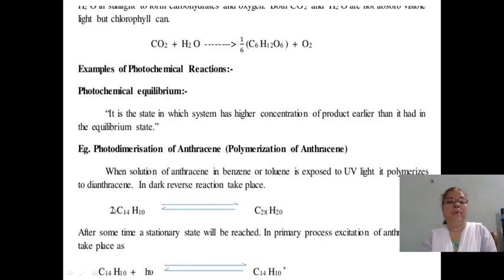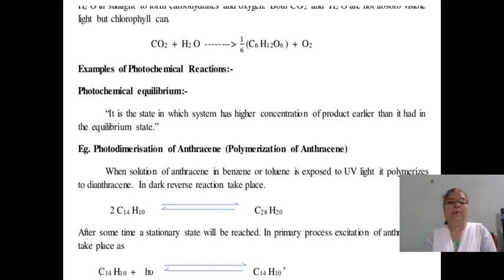That means when we take the solution of anthracene in either benzene or toluene, in the forward reaction the formation of dianthracene takes place and the equilibrium between the reactant and product is disturbed, and as the concentration of product increases, the rate of reverse reaction also increases, and then the equilibrium will be established.